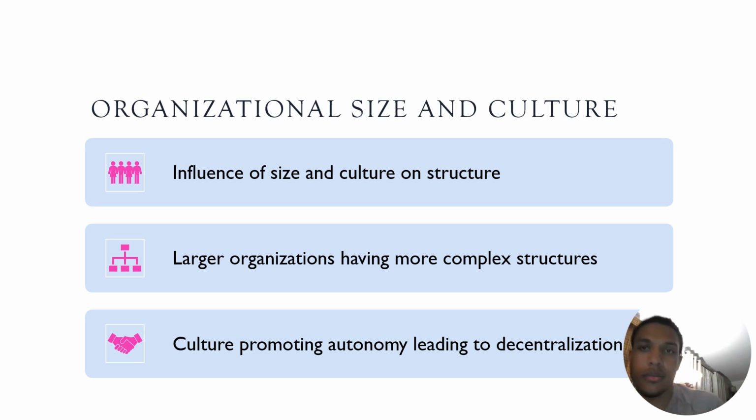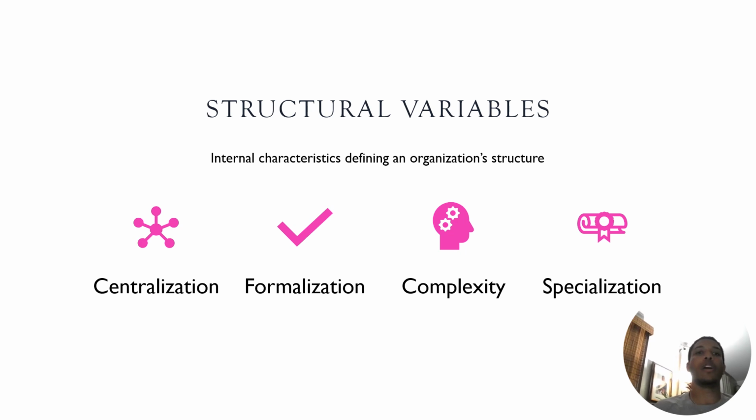Moving on to structural variables. These are the internal characteristics defining an organization's structure: centralization, formalization, complexity, and specialization. Each of these variables plays a significant role in shaping the organization's structure.